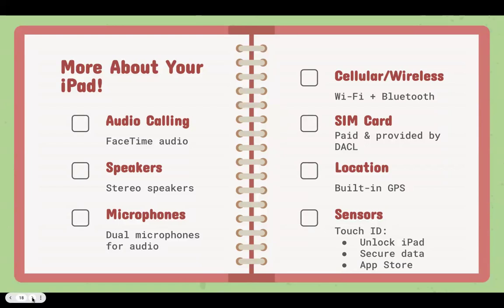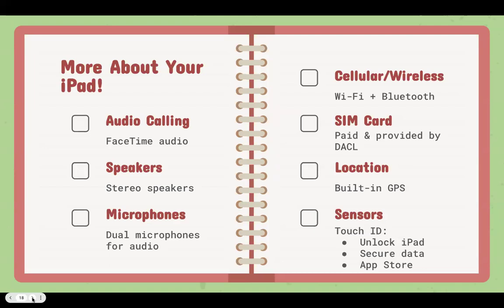It does have cellular capability and Bluetooth capability. Bluetooth means that you're able to connect your iPad to another device that can project sound, headphones, or a speaker, something portable. You have an electronic SIM card that is currently paid and provided by the Department of Aging. That's the cellular data that we're also going to talk about.